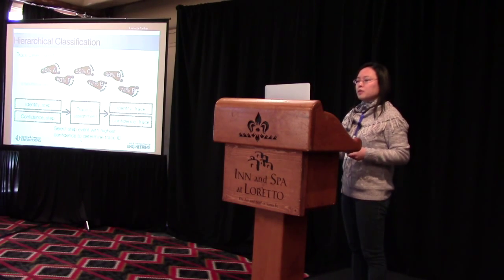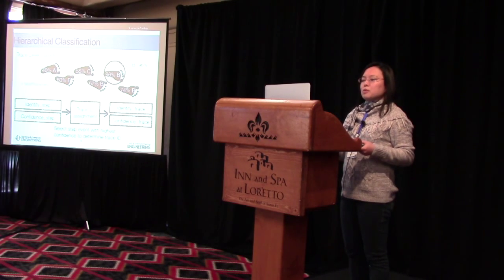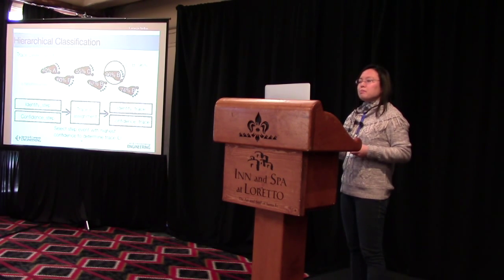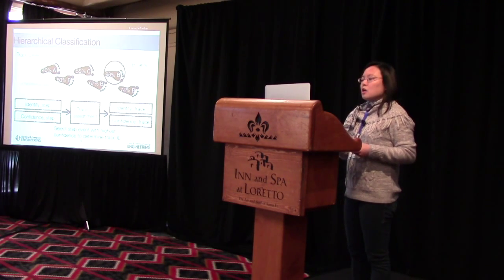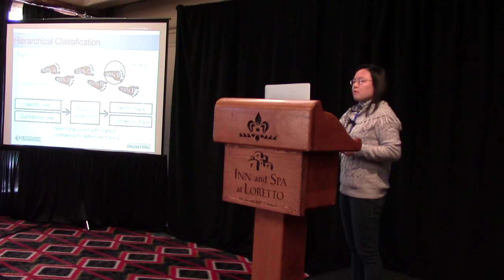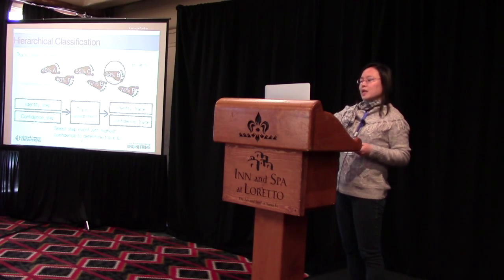For example, in this hypothetical trace, the step event with the highest confidence level has the identity of person B and the confidence level of 96%. So we assign the identity of the trace as person B with a confidence level of 96%.